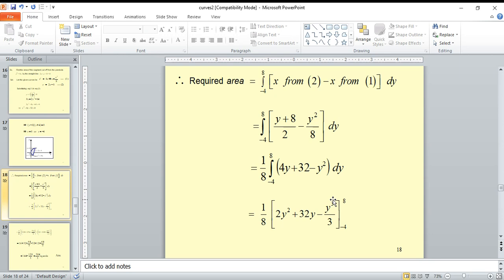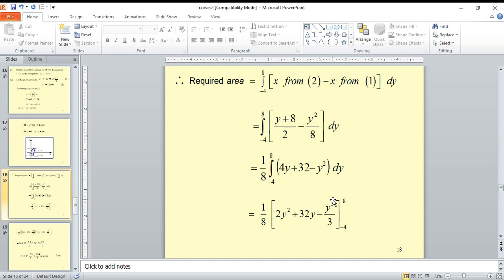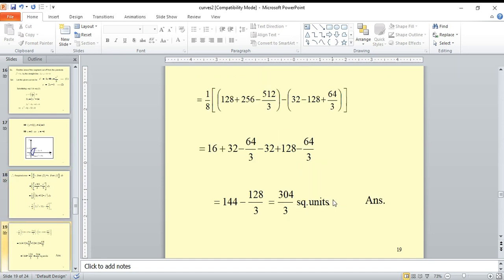Next, apply the lower limit. 2 into minus 4 square, minus 4 square is 16, 16 times 2 is 32. Next, 32 into minus 4 is minus 128. Next, y cube is minus 4 power 3, that is 4 power 3, 64 by 3, that is plus 64 by 3.